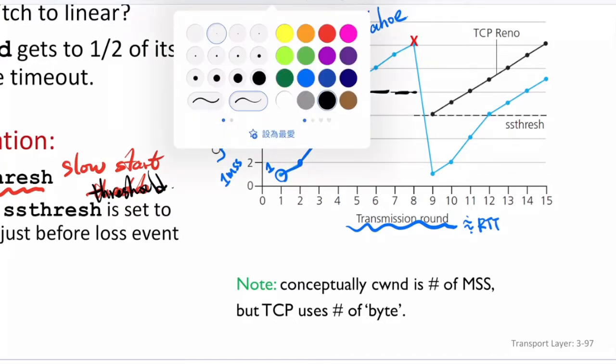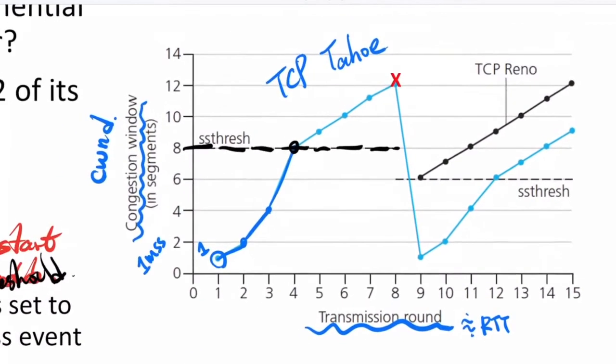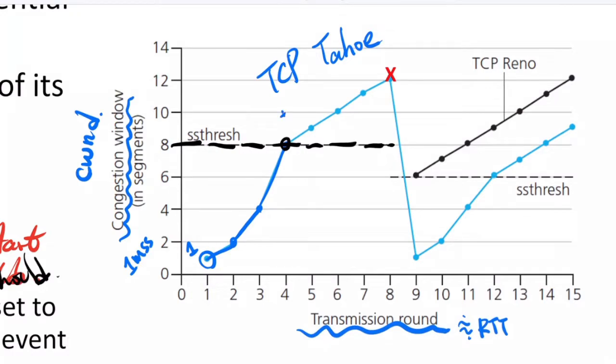And after that, every time you receive an ACK, you don't add 1 to the congestion window size.